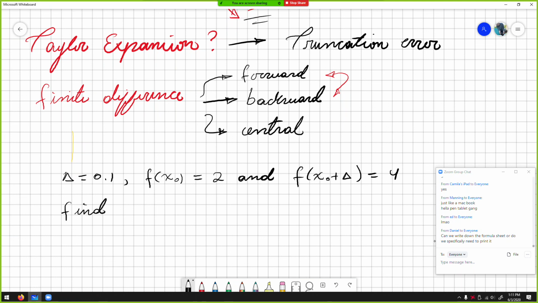Find f prime at that point, in this case using forward finite difference, and I'm just going to write it like this.